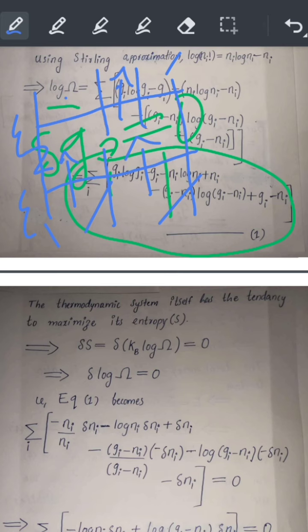Maybe after some time one fermion from this state can jump to this state. It is possible, and fill here.